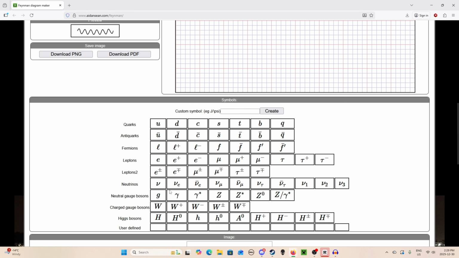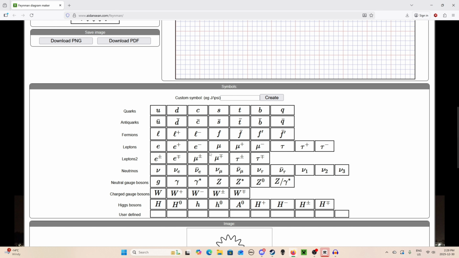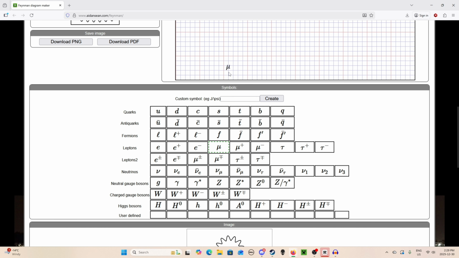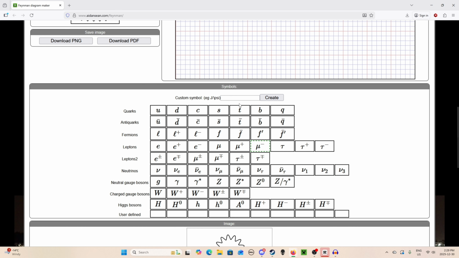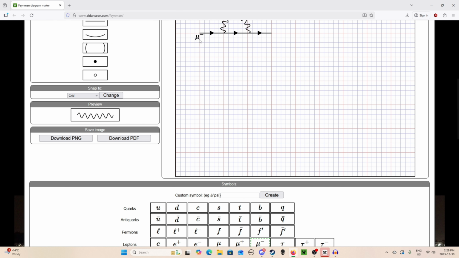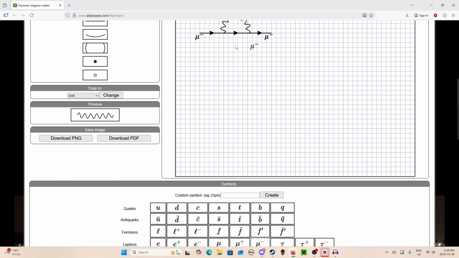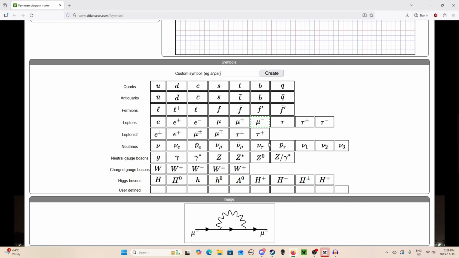So we can have loops within the line here. So let's say this was our muon, -1 charge, and we want a muon at the end. Now what we could do is have an internal radiation of a charge, and that could change what this was, but that doesn't really work here, right?